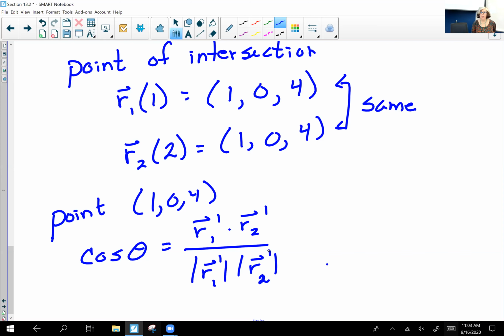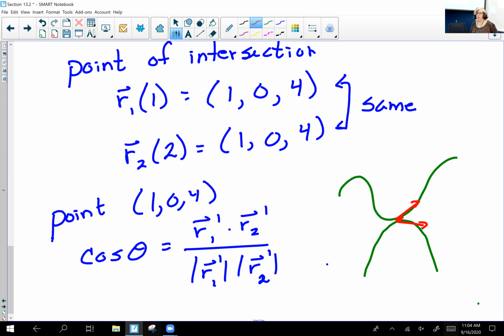So when we're looking at how those curves intersect, if I've got two curves intersecting here, we found that there is a point where they intersect. The angle that happens is then going to be the tangent lines.